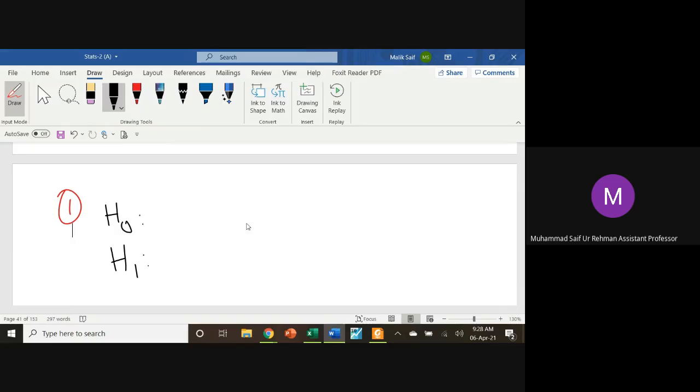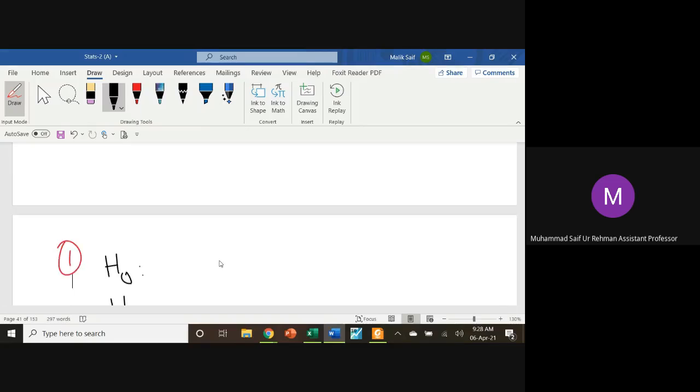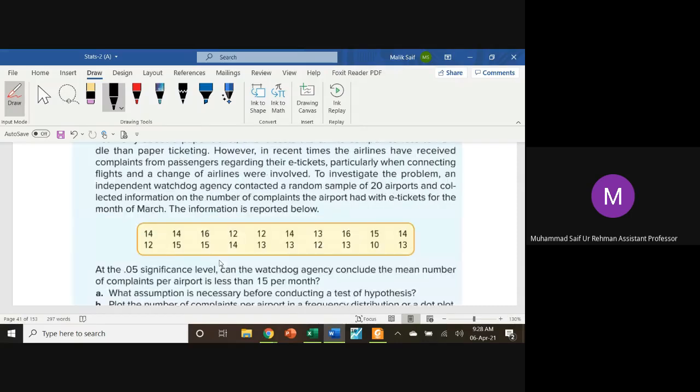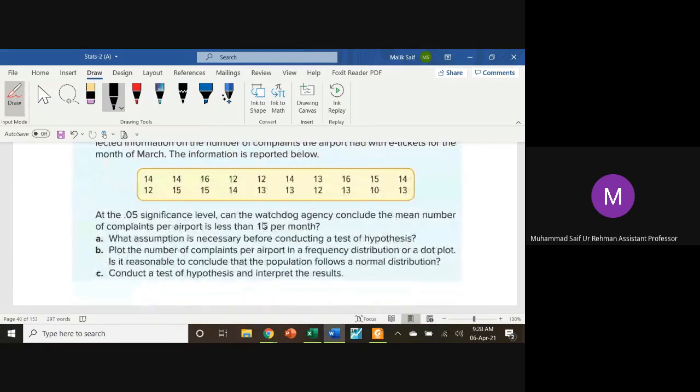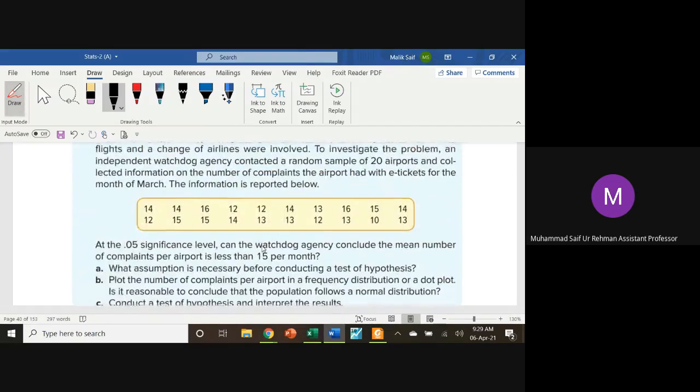What is H naught and what is H1? For this, you have to see the question. Can the watchdog agency conclude the mean number of complaints per airport is less than 15 per month? Less than 15. Basically, this 15 is the population mean because it is given. The mean that you will find from data will be the sample mean, because you will find that mean from the sample data.